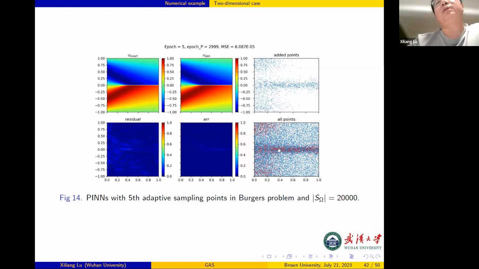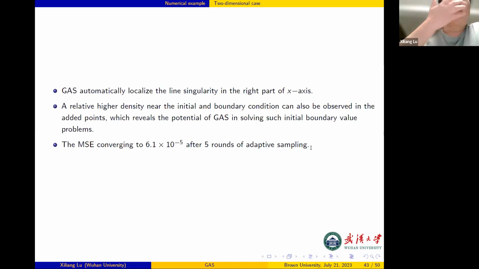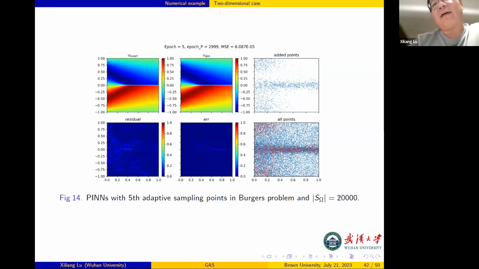All the added points are on this line singularity. So we can find the proposed method can localize the line singularity. And the error after the 5 rounds of adaptive sampling is 10^-5, where the total number of sample points is 20,000.